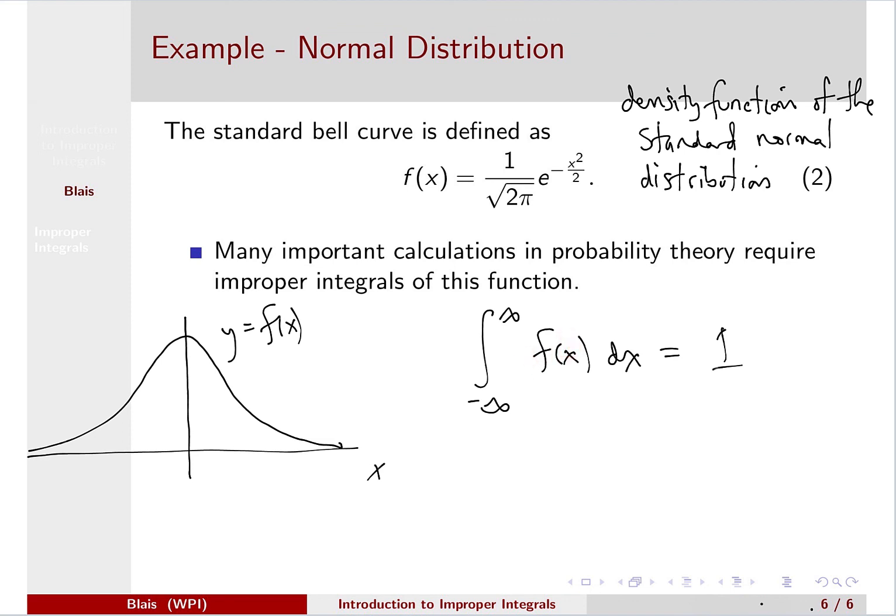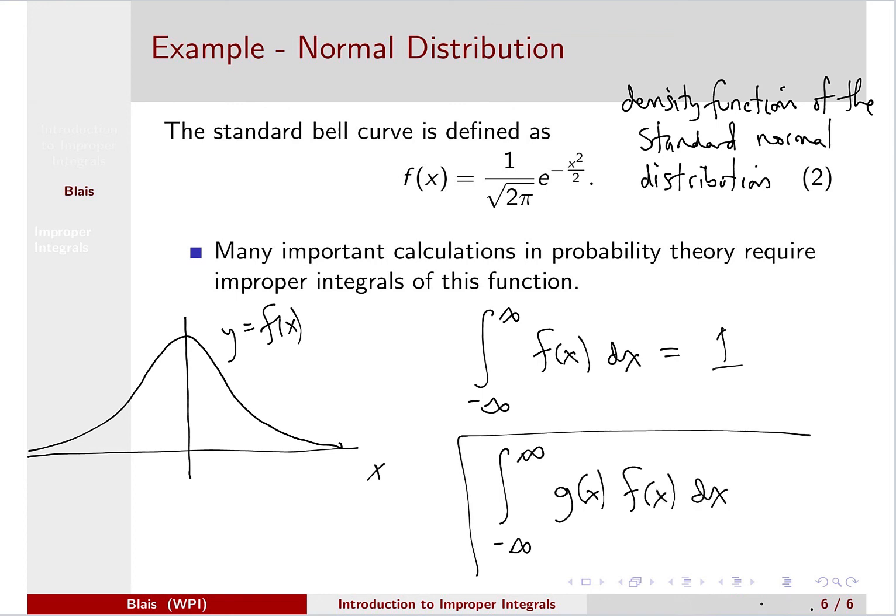So you see things like this will have another function times that bell curve function. And these types of calculations come up in probability theory and statistics all the time. And so this illustrates pretty well through a standard example how the tool of the improper integral comes up all over the place in mathematics.